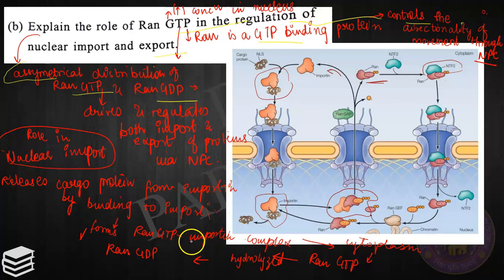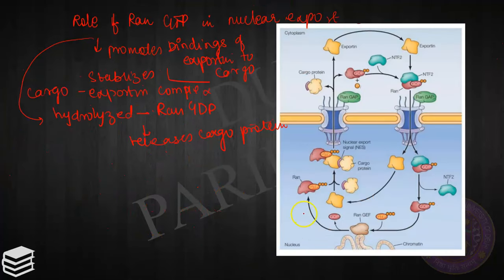It forms a RAN-GTP importin complex which is then transported back to the cytoplasm and releases the importin so that it can bind to other cargo proteins and transport them into the nucleus. In the cytoplasm RAN-GTP is hydrolyzed into RAN-GDP and the importin is released for another round of import. Now we have nuclear export.